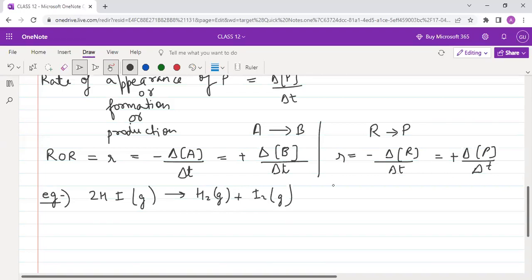Now write the rate expression for it. Write the expression for both the examples. Okay, and once you are done, please tell me.